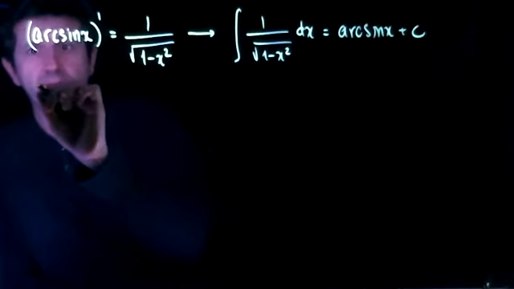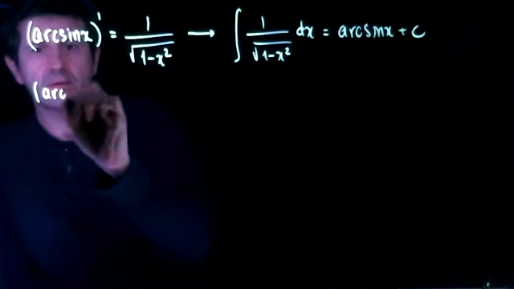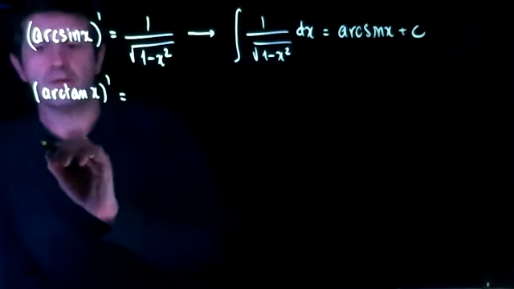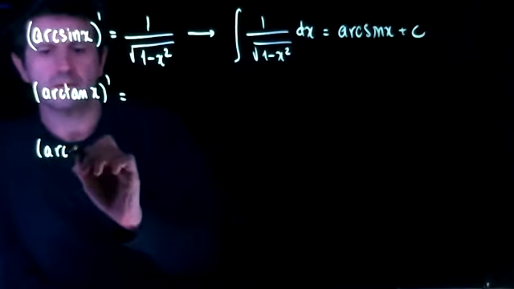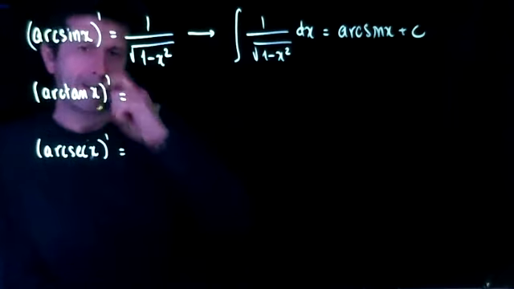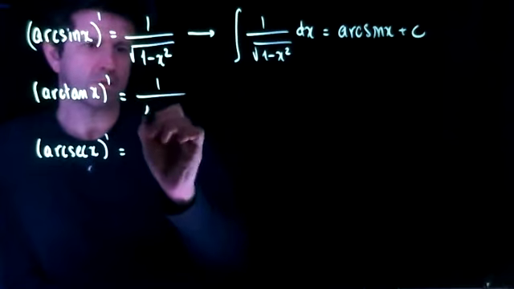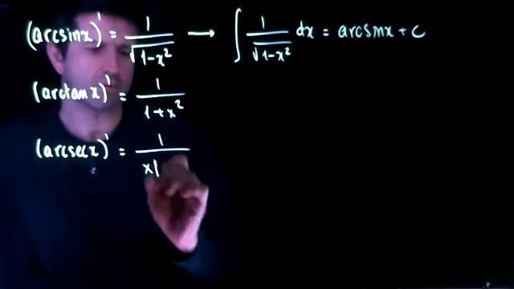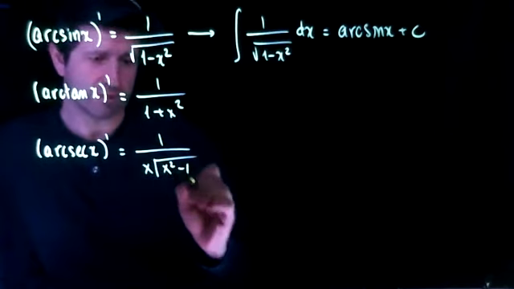Then the arc tangent, and then the arc secant. The arc tangent was 1 over 1 plus x squared, arc secant 1 over x square root of x squared minus 1.